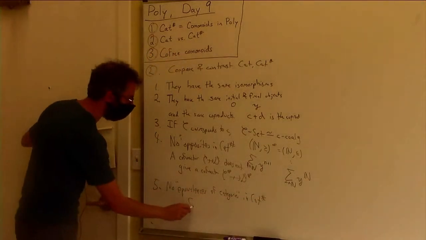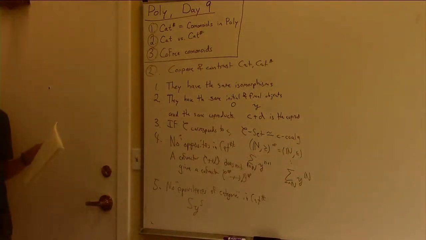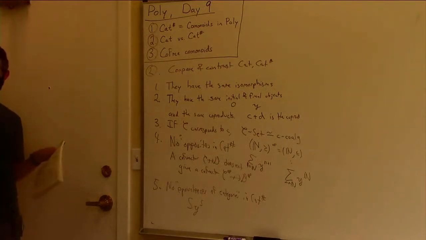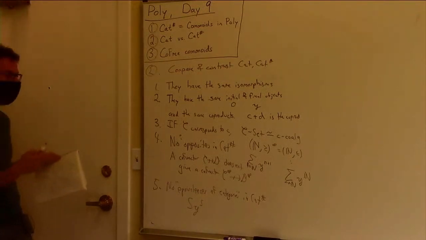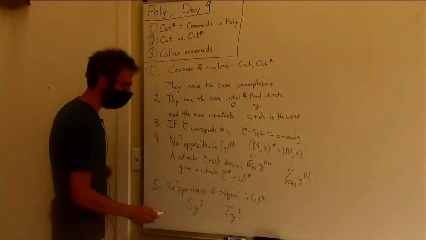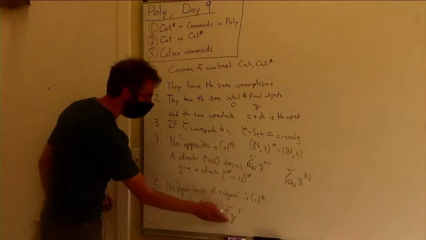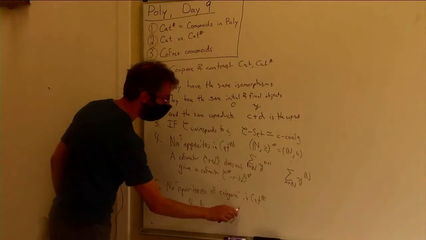So remember, sy to the s was the terminal category. It has s many objects, but a single arrow between any two, and that is terminal in cat. So both this and this are terminal in cat. But there is no functor, there is no cofunctor either way.